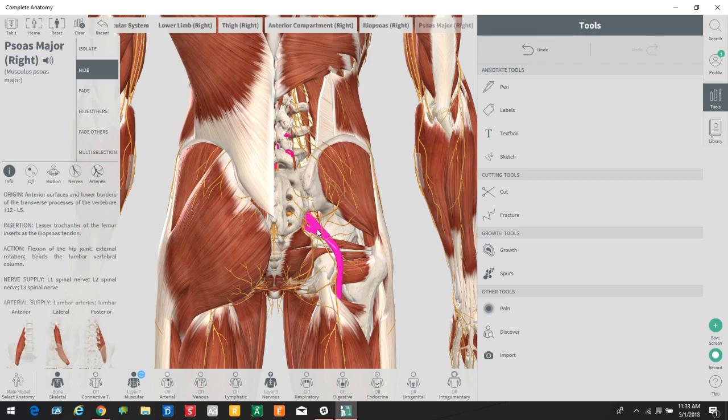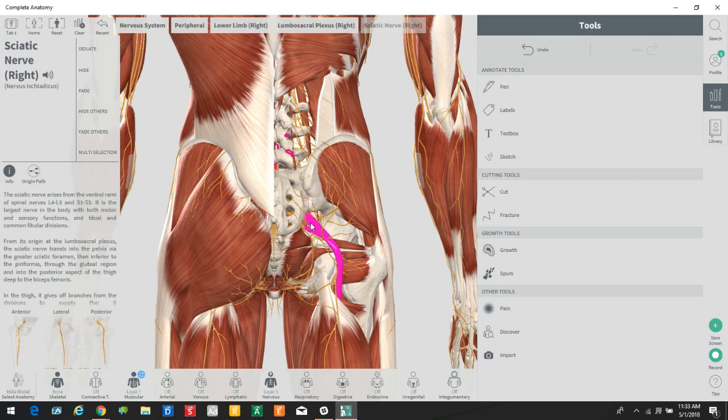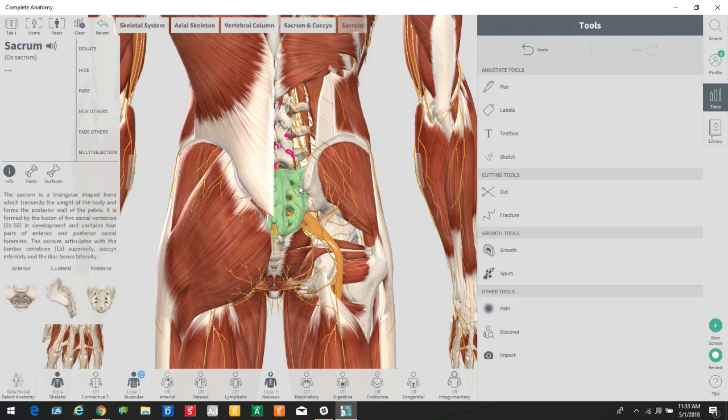Now, you can see how closely related that SI joint is to the sciatic nerve. So if that gets moved, compressed, or pinched on, it can cause some sciatica. And with that sacrum being in the position that it is, if it gets irritated, you can tell how that could affect these bones going up the back.